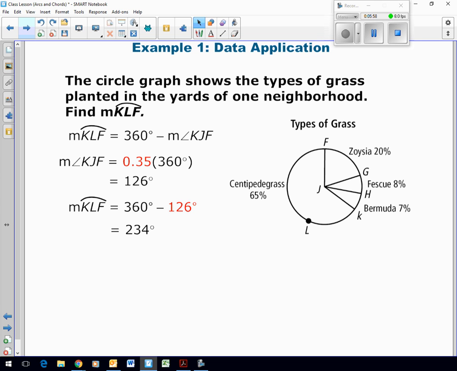Second off, let me tell you something right here. In this part of the country, I'd go with Bermuda or Zoysia. We're in that lower Piedmont region. You might get some fescue, although most of the time it survives the summer, but Bermuda is pretty much the grass of choice around here. Do not plant centipede grass.